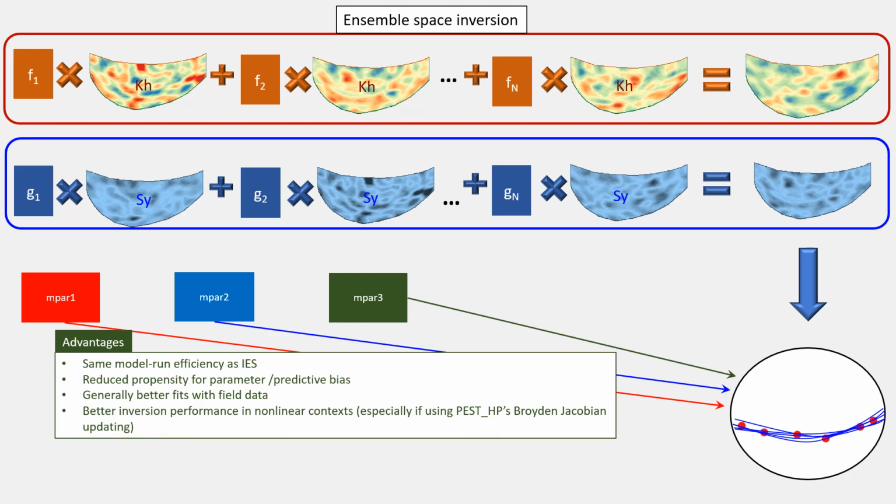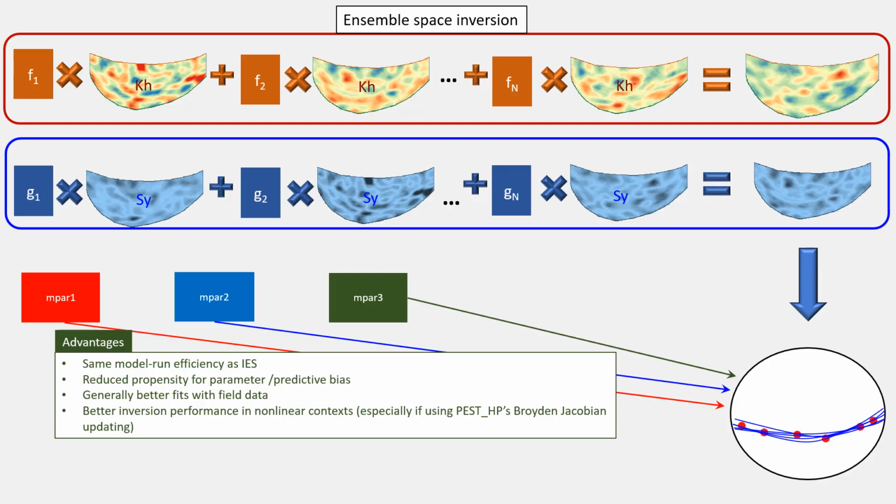it works. During every iteration of an inversion process, PEST HP calculates a Jacobian matrix. Then it updates the parameters using different values of Marquardt lambda and chooses the best update. But before it goes on to the next iteration, it improves the Jacobian.